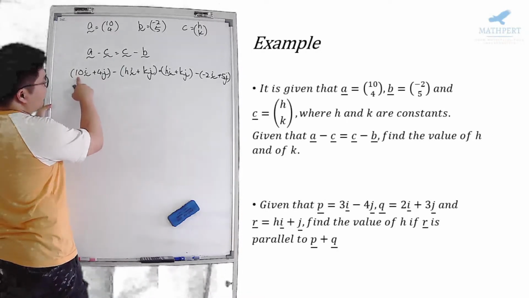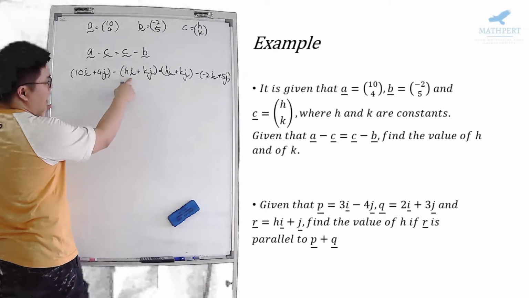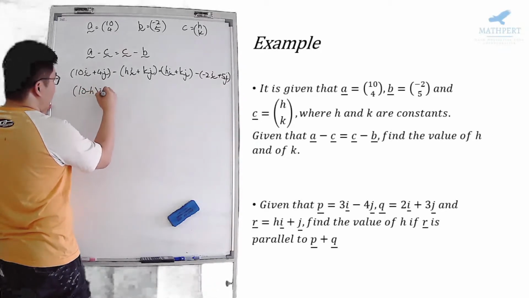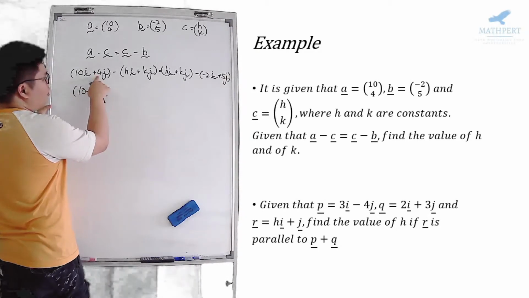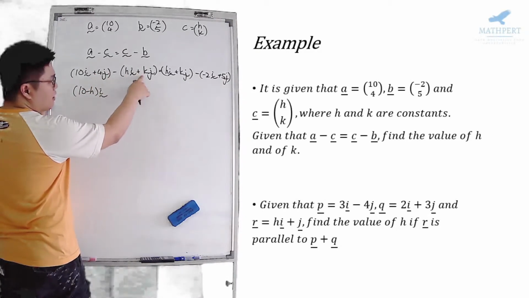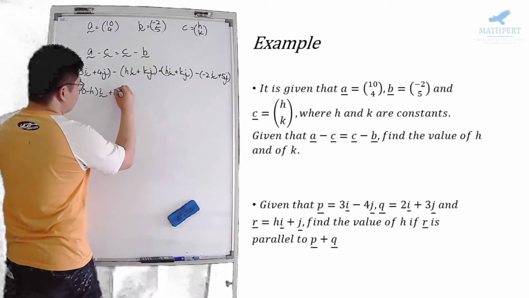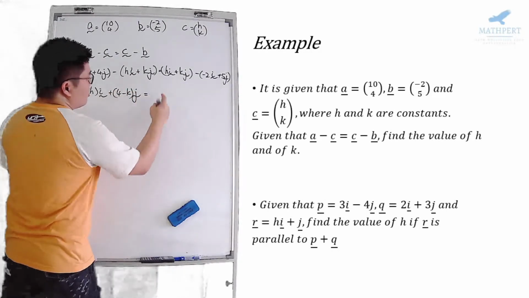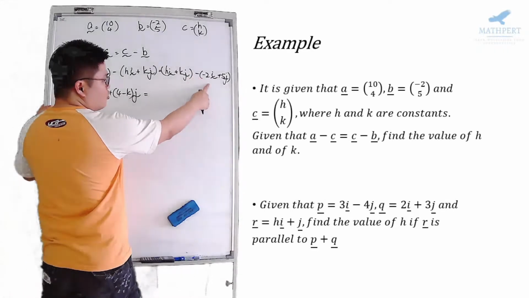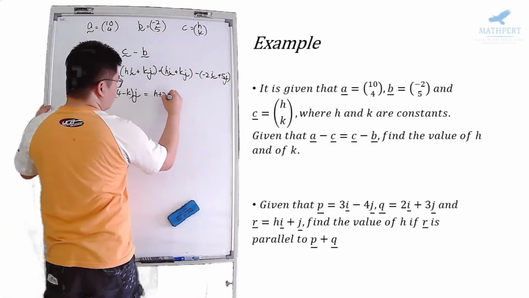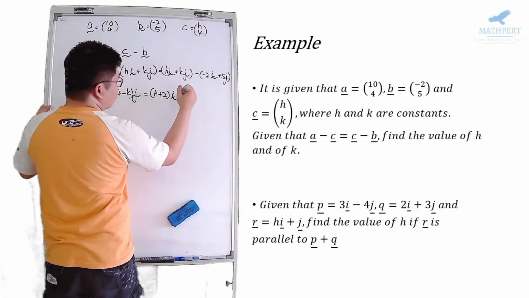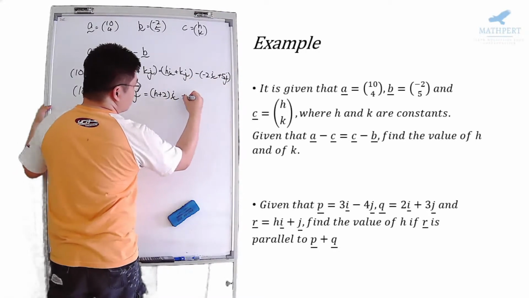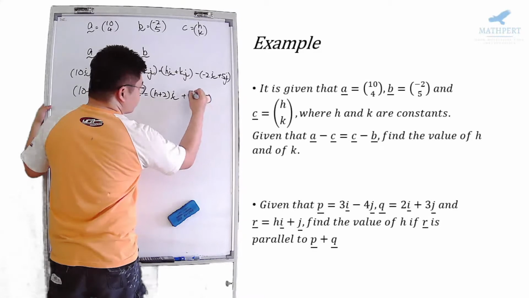So 10i minus hi, so 10 minus h, i. 4j minus kj, so 4 minus k, j. h minus minus 2, h plus 2, i. k minus plus 5, k minus 5.